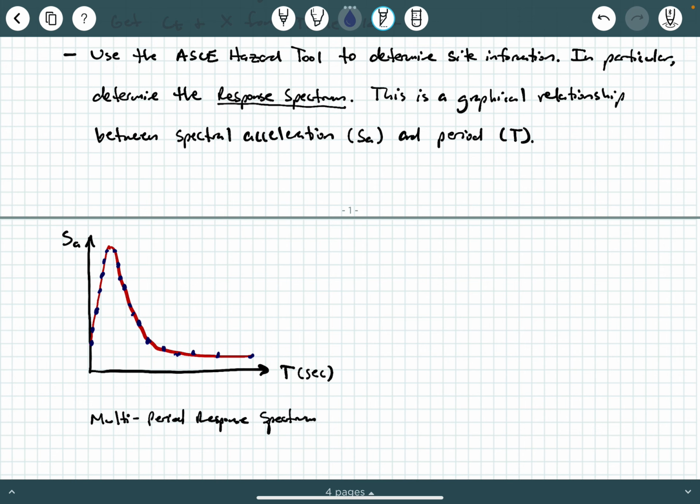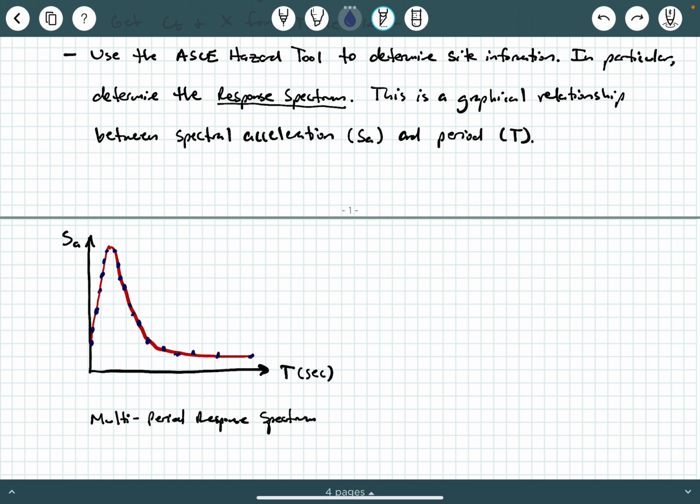These are all at very specific values, and there are 22 points. So some people call this the 22-period response spectrum because the shape of this is defined by 22 different T values, different period values, okay? So you could have that.